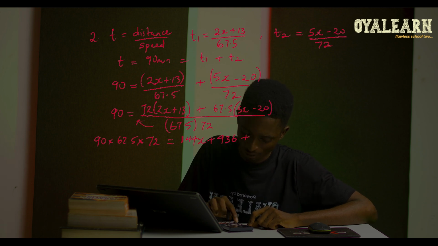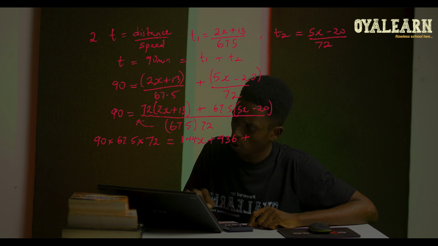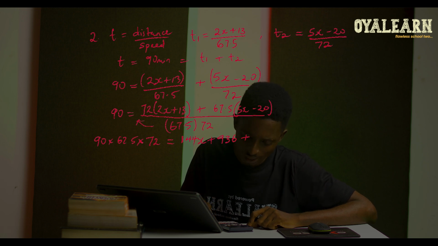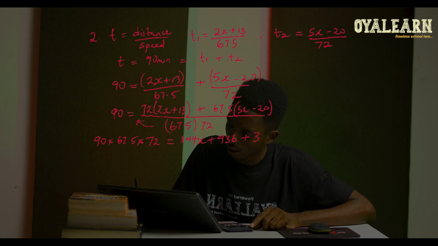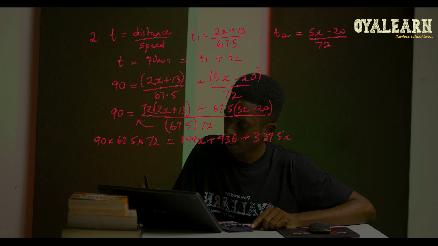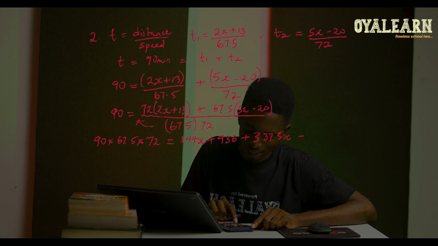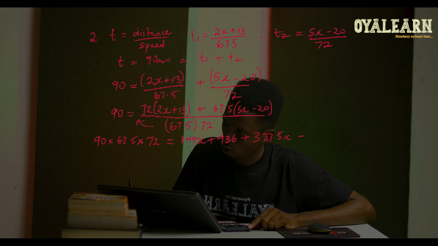And then we have 67.5 multiplied by 5x, and that is 337.5x. And then plus times minus gives us minus, and then 67.5 multiplied by 20 gives us 1,350.